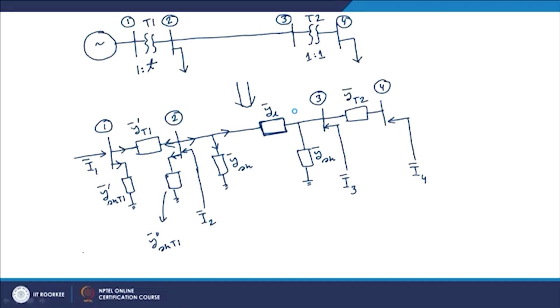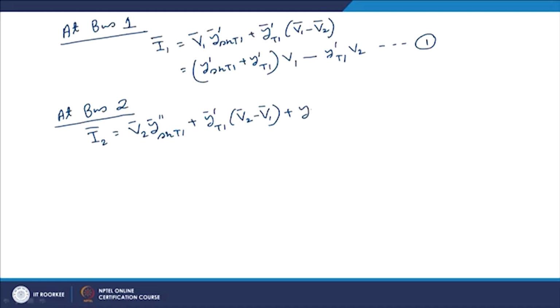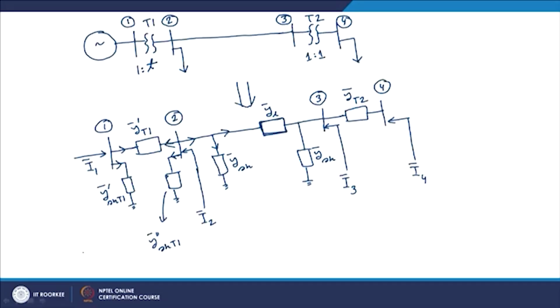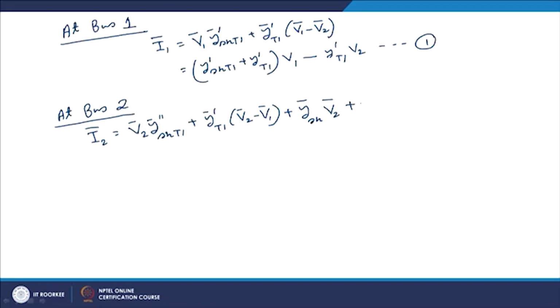Plus now this current is nothing but ySH into V2. So, ySH into V2 plus the last component would be this current, and this current is nothing but YL into (V2 minus V3).